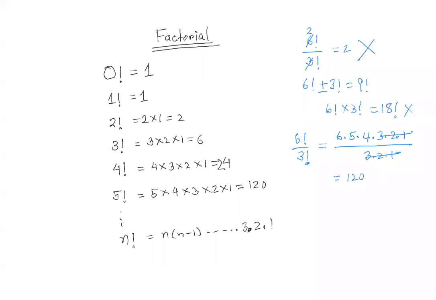But we don't normally write it out all the way. So what we do: 6 factorial over 3 factorial is 6 times 5 times 4 times 3 factorial, because the last 3 is 3 factorial, and in the bottom you have 3 factorial. Now, these cancel out. That gives you 6 times 5 times 4, which is 120. And that is how you simplify factorials.